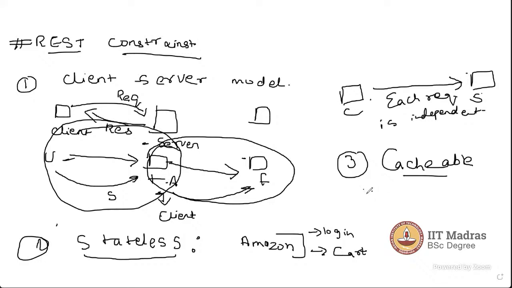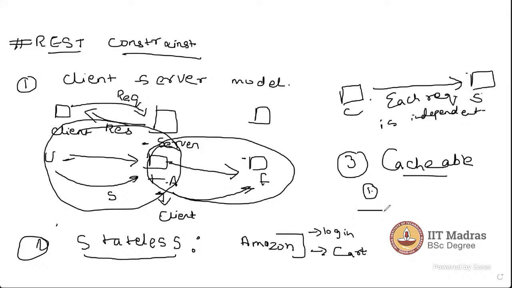This is what I am saying, that this is the first point: response messages from the server can be cacheable or non-cacheable, and the response from the server is cached only if the information on the server has not changed.